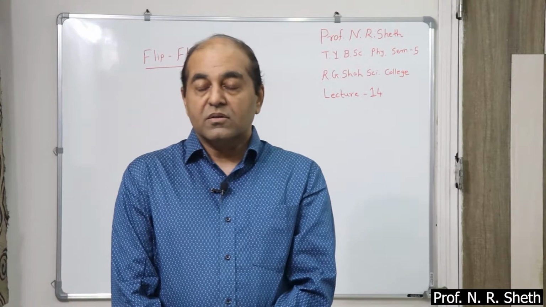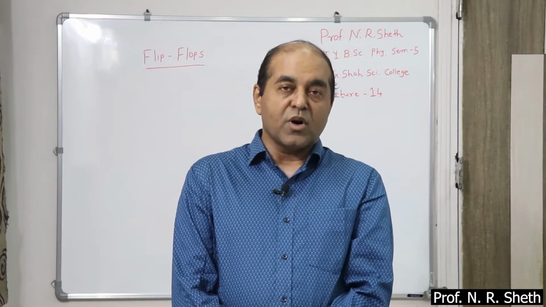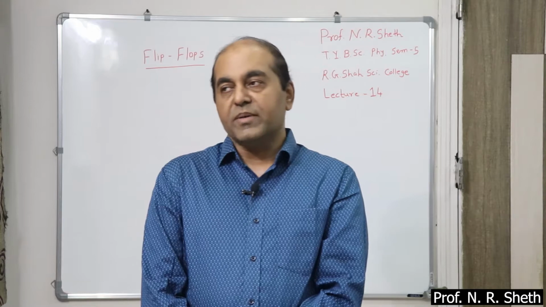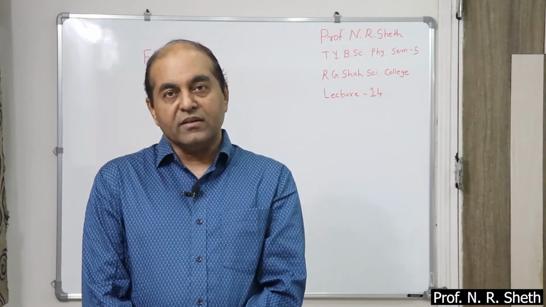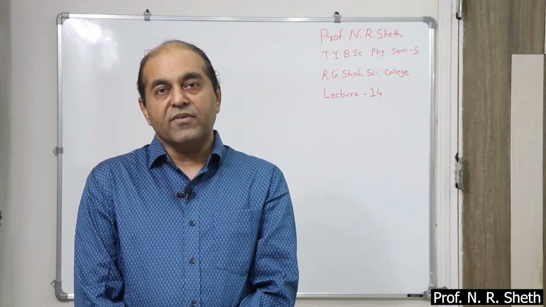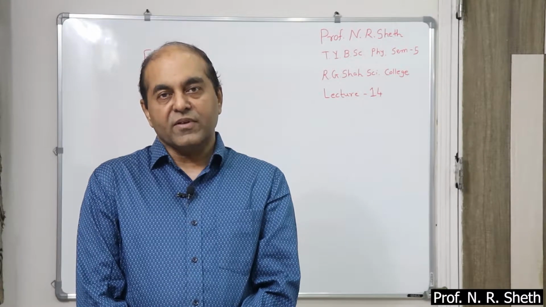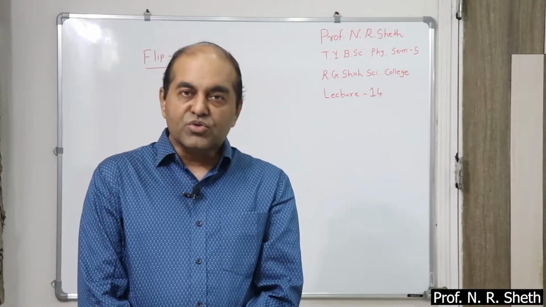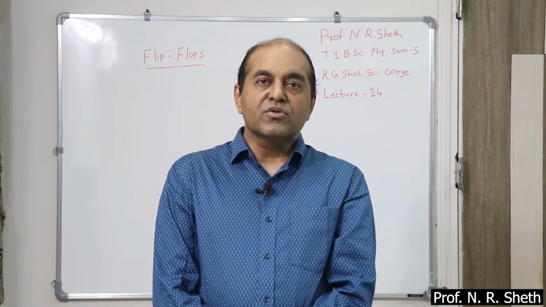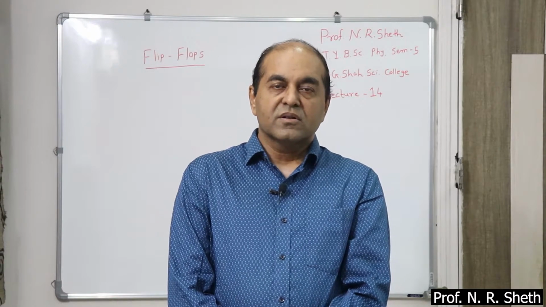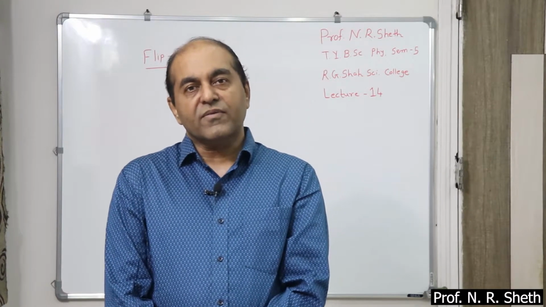So to eliminate this forbidden state problem, we have designed the D flip-flop, data flip-flop. So in today's lecture, we are going to discuss both variations of the D flip-flop.